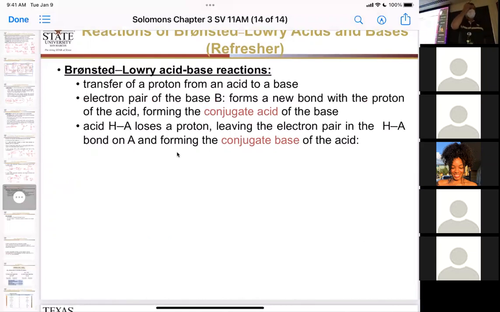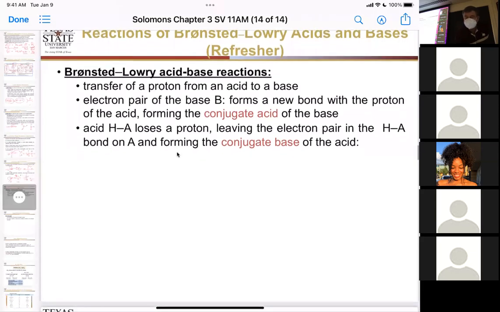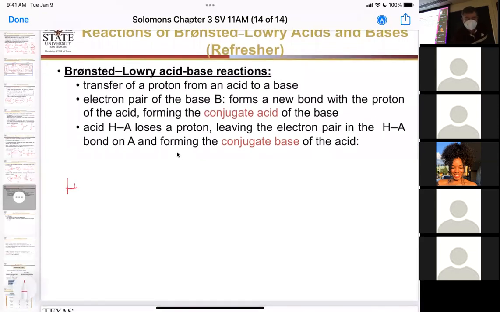Okay, so if we're doing it as a Bronsted-Lowry base, we have our acid, which looks like HA. And then we have our base, which is B with a lone pair on it, so we can see them. And we have some kind of equilibrium where the proton is transferred.